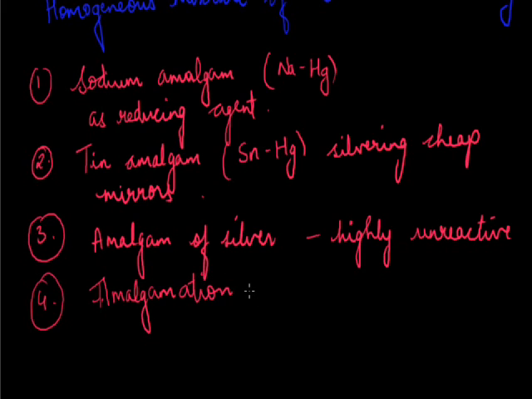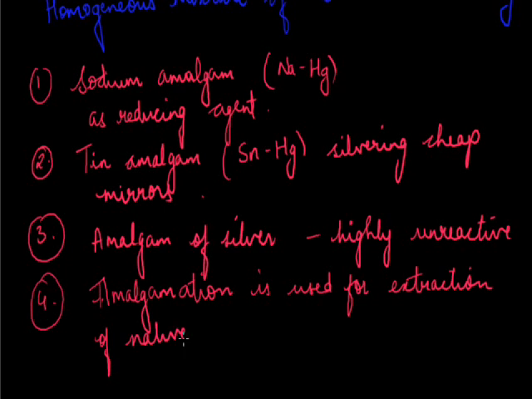Amalgamation is used for extraction of native metals, that is silver and gold, because they are found in their native state in nature. So from the native metal ores, amalgamation is used for their extraction. So this was about amalgam, just a short interesting note.